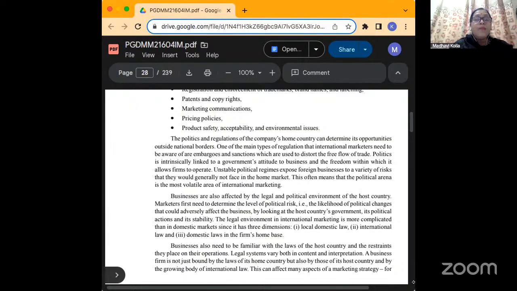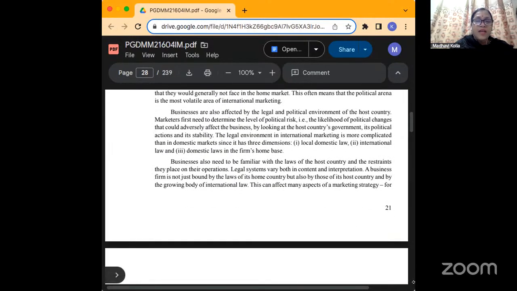A company has to be sensitive to so many different countries, and the rules, regulations and political stability of each of these countries in isolation. It is not only the host country where political instability is to be considered. If the political environment of your home country, from where your business is operated, is not stable and there could be some quick changes applied, that could also affect your business in the future.